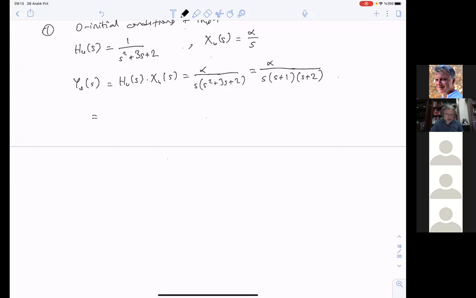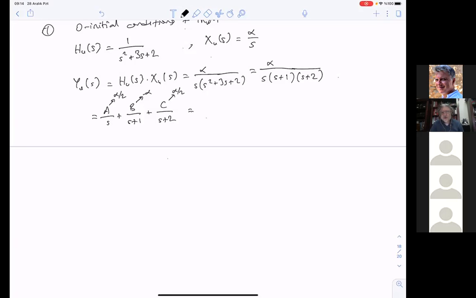And for that, you have to do it like a over s plus b over s plus 1 plus c over s plus 2 or something like this, okay? You split into first order systems, and you find a and b and c. You determine these from the 3 equations, and you will see that a is equal to alpha over 2, b is equal to minus alpha, and c is equal to, again, alpha over 2.